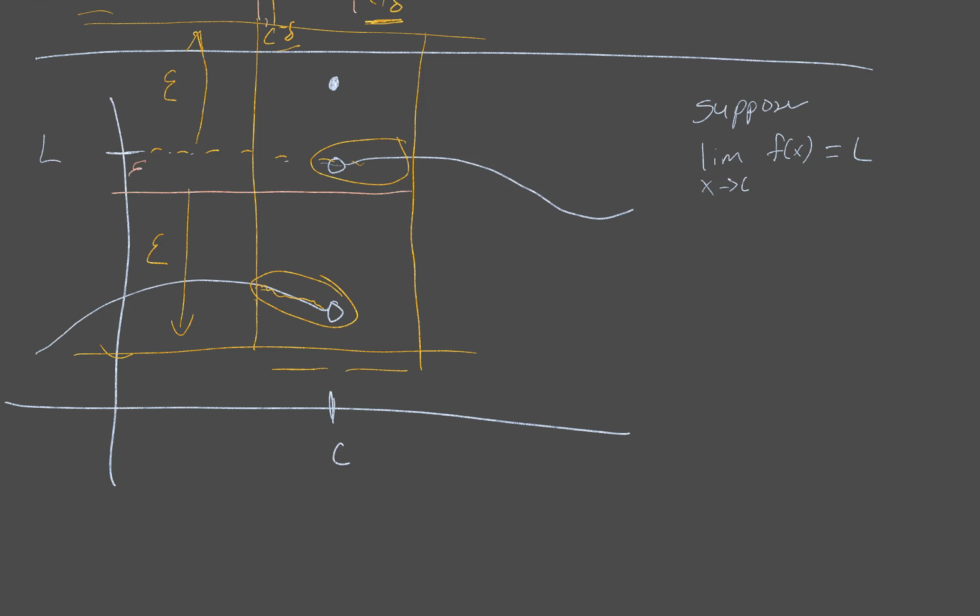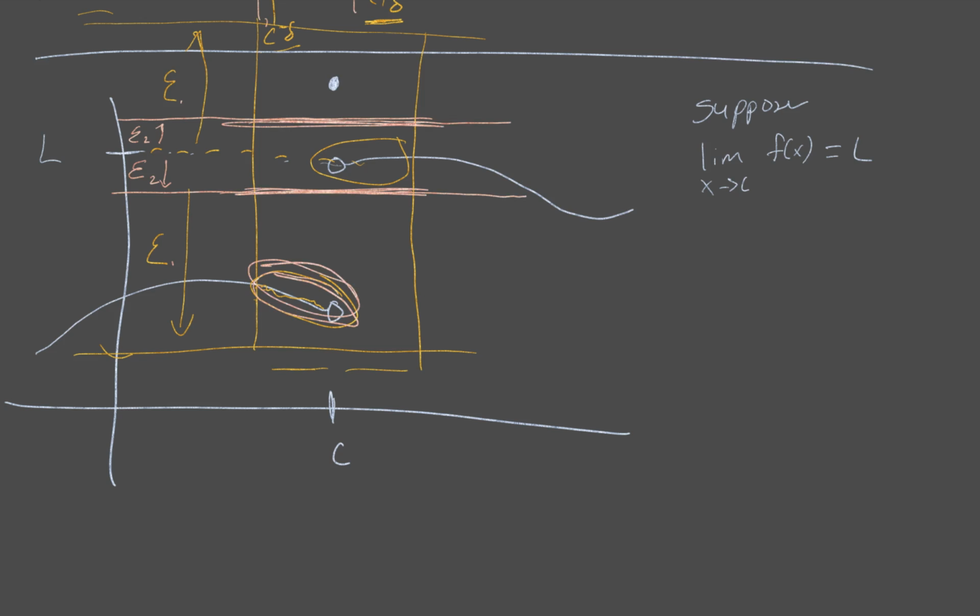Let's make this guy our epsilon. So this was epsilon 1, which worked fine. Epsilon 2. So I'm going to go epsilon 2 up, epsilon 2 down. Okay, so now this part of the function lies outside of the rectangle, right? The vertical bounds on the rectangle, the top is here, the bottom is here.